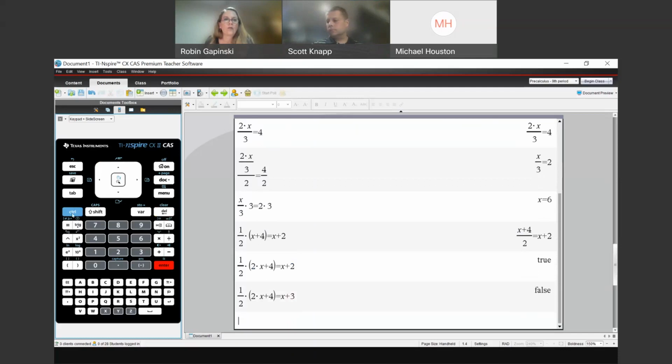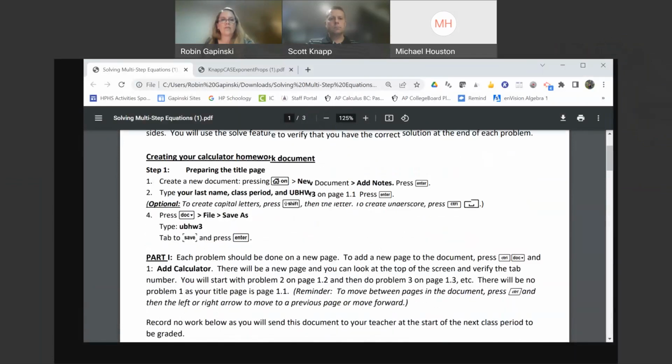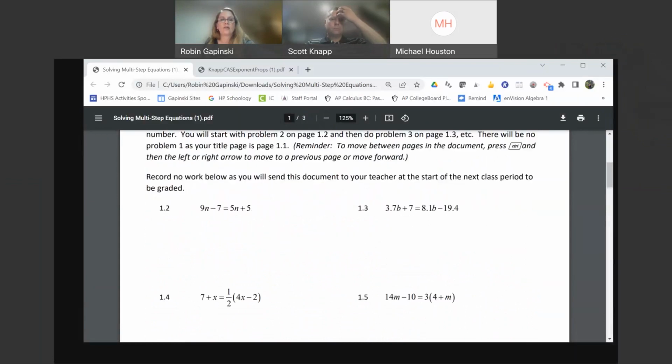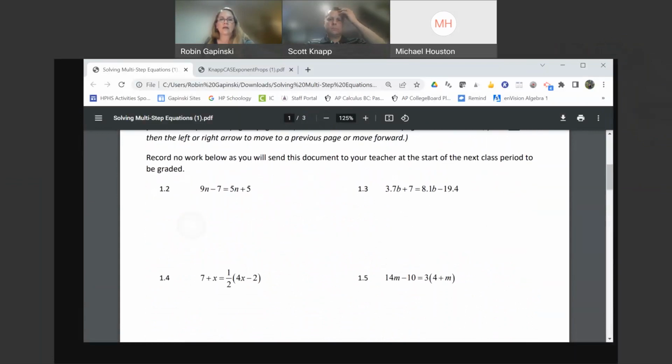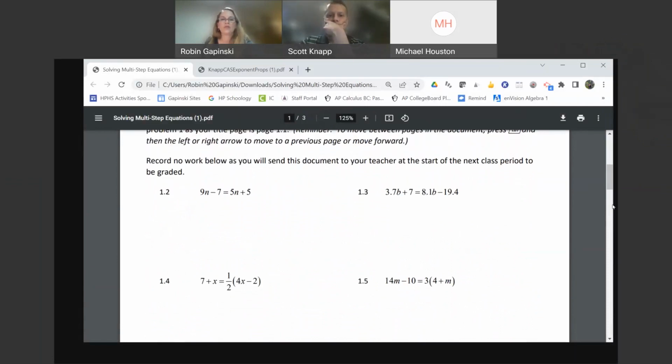Okay, and so really quickly, I'm just going to show you the structure of this and how I would structure an assignment like this, so you have an idea of how my students would be doing this activity. Their homework would be structured like this. They would create a title page, and notice after the title page, which is page 1.1, they would do one problem on each page.